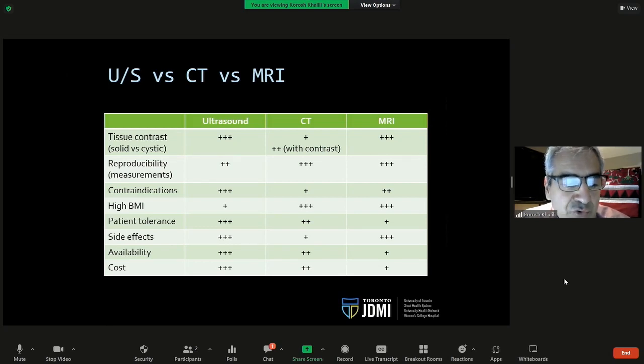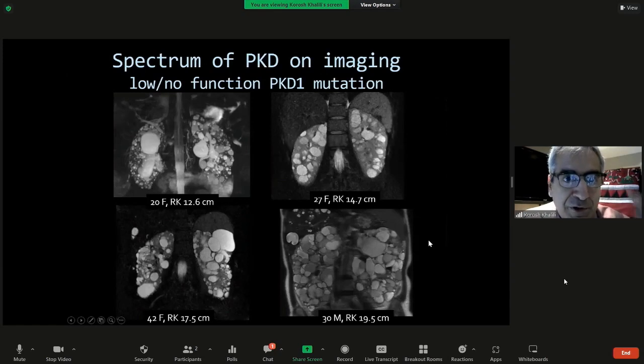Claustrophobia can be an issue. And so patient tolerance of MR is less than with CT or ultrasound. As well, it's not as available, and it's more costly. So those are the downsides of MR.